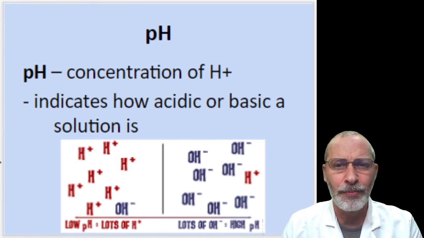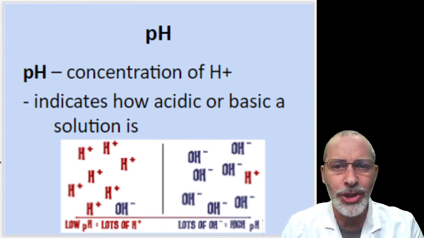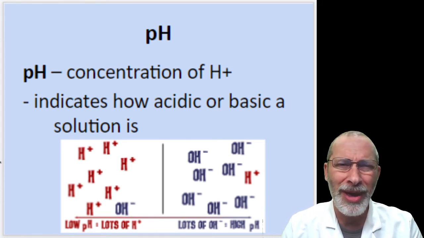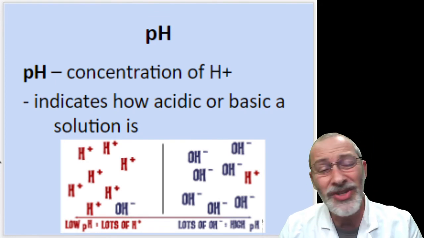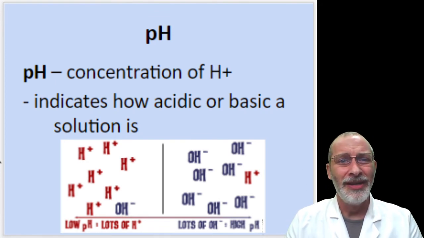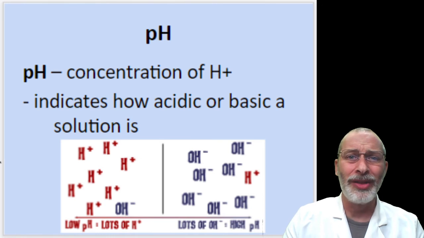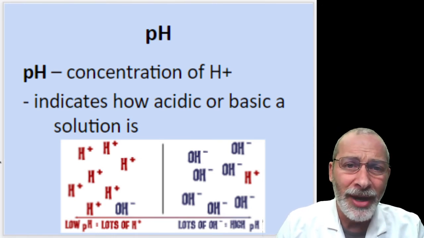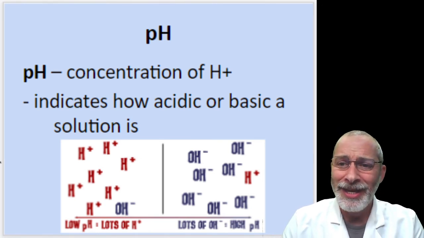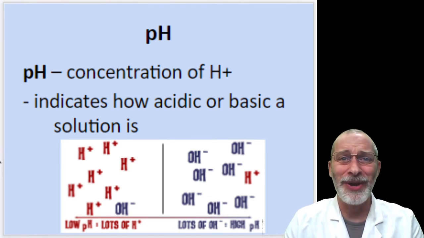So the H is pretty clear. The capital H refers to hydrogen ions. But what about the lowercase p? There's a lot of controversy and uncertainty as to where the little p comes from. But it's only a little p, so don't get too upset over it.